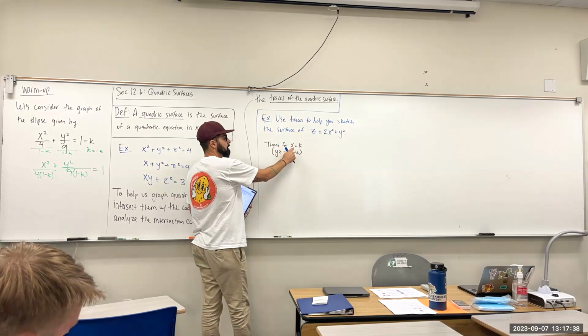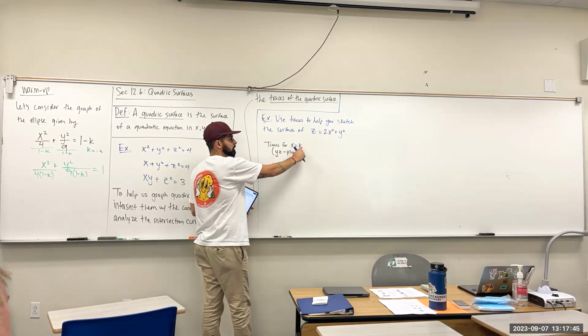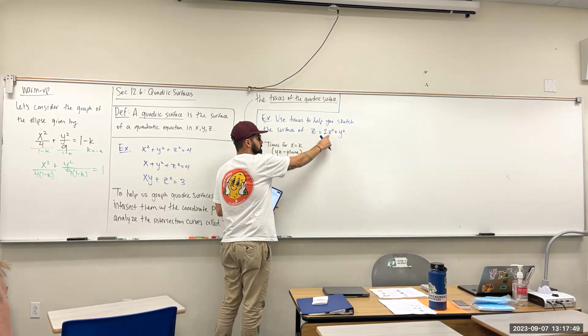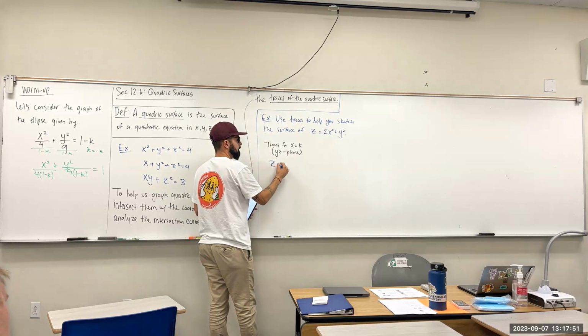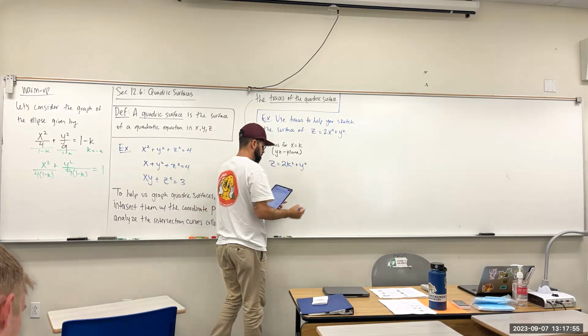What does that mean? That means we're letting x vary, so we're letting it equal a constant k. What you're going to want to do is plug in that k for x into the equation. So now this becomes z equals 2k squared plus y squared.